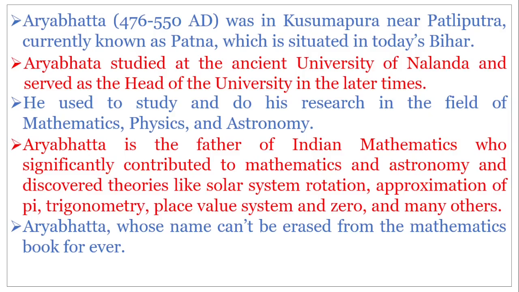His contributions are in pure mathematics as well as in astronomy. Also, he approximated the value of pi. Here it's written as pi. The importance of the value of pi is in the construction of geometric figures, because pi is the constant which, when multiplied by the diameter of the circle, gives us the circumference of the circle.